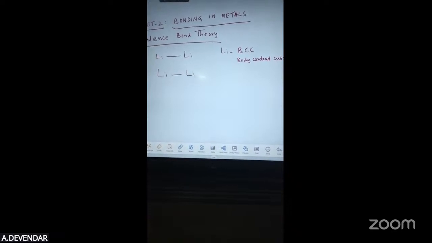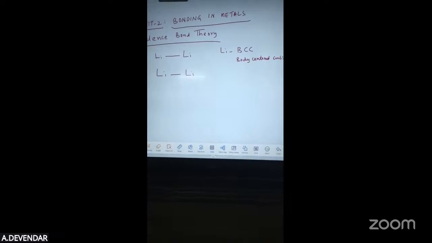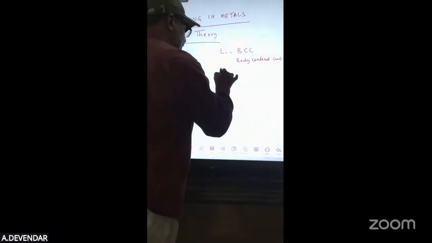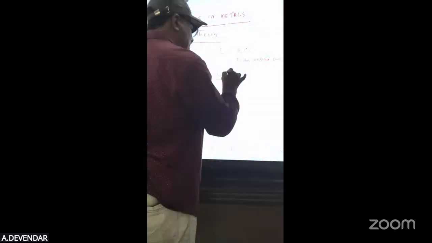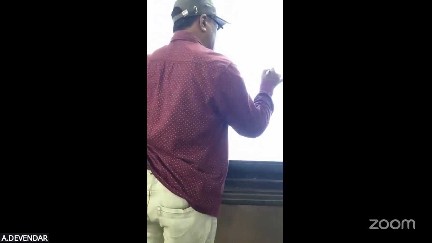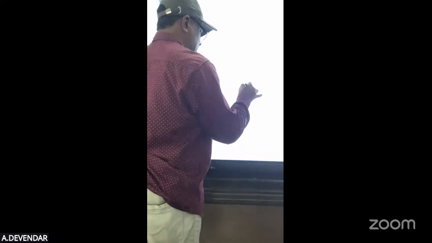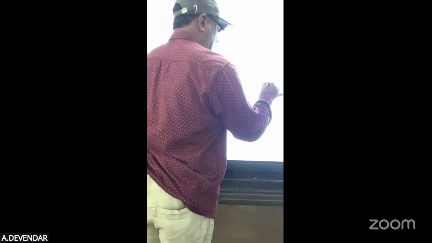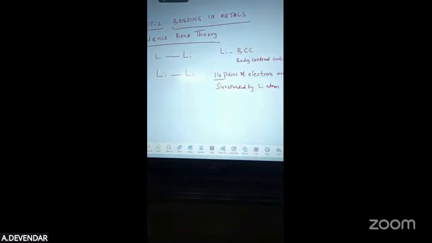The surroundings mean 8 plus 6, 14 pairs of electrons. 14 pairs of electrons are surrounded by lithium, which means 28 electrons are there.